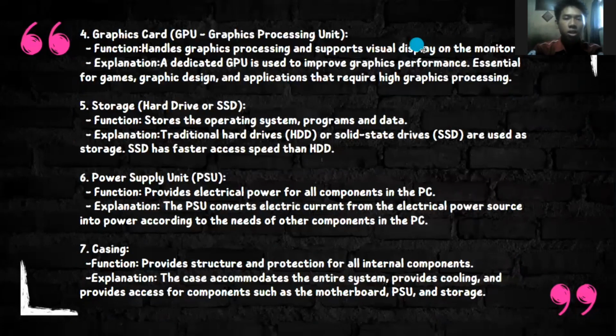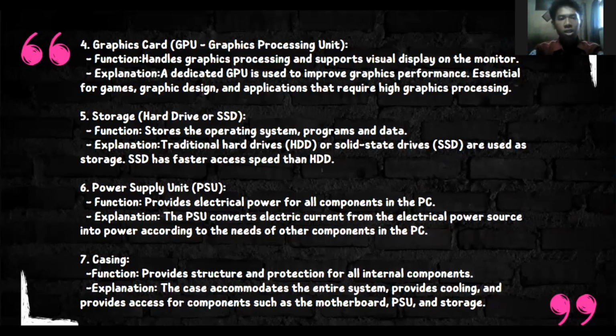Four, graphic card. Function: handles graphic processing and supports visual display on the monitor. Explanation: this dedicated GPU is used to improve graphics performance, essential for games, graphic design, and applications that require high graphics processing.